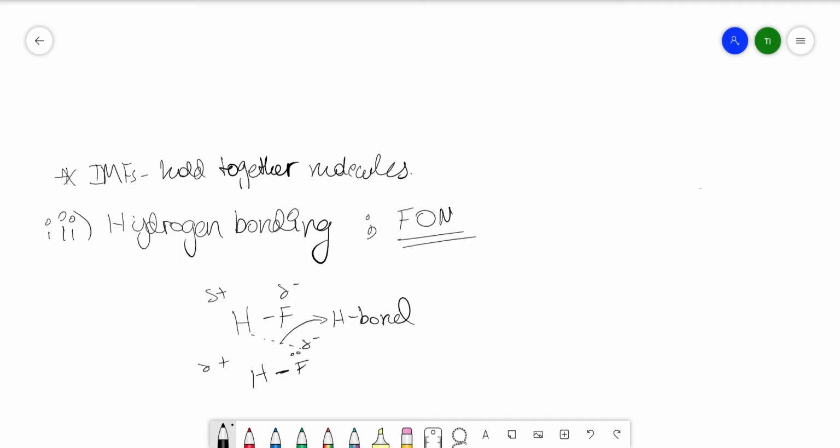Another very common example is water. This is positive, and there's another oxygen, H and H. I won't draw the partial positives here. This is partially positive, so it's attracted to this, and this is attracted to this, and so on.